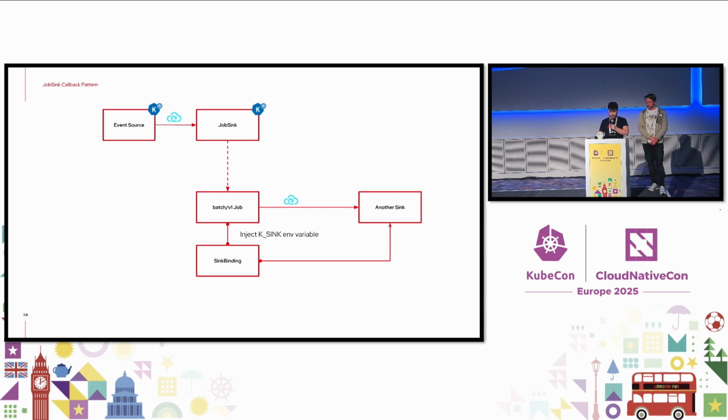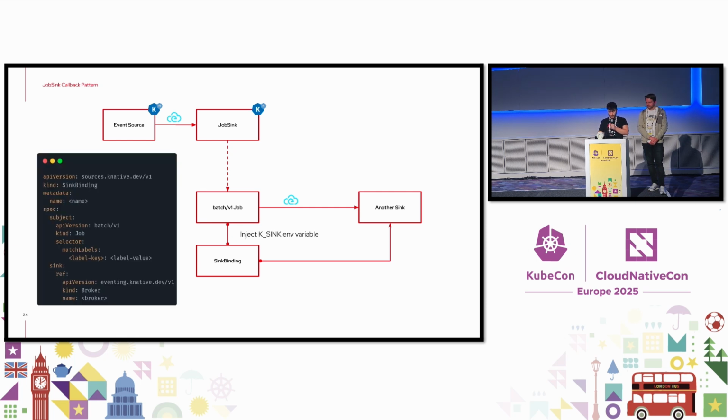We call this K_SINK. So before completing your job, you just fire a new event that says I've completed my processing with this event, so that you can further consume that event for more processing.